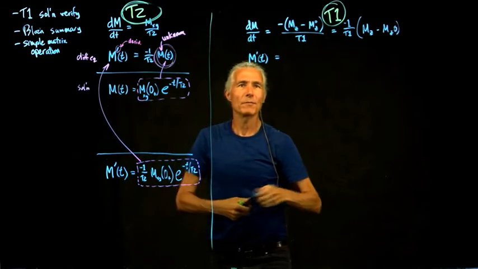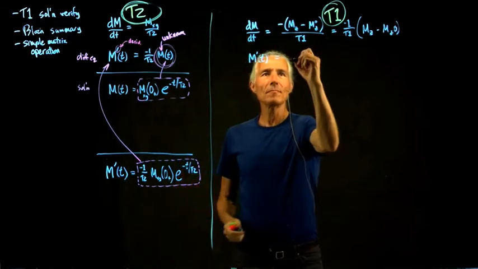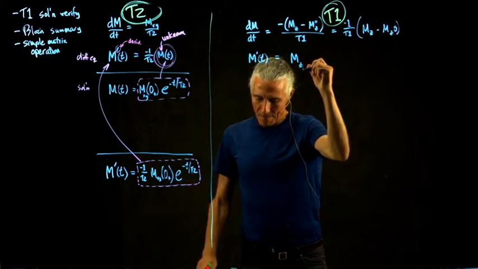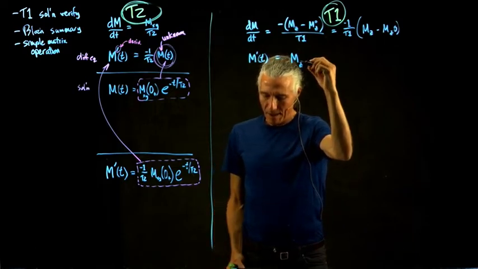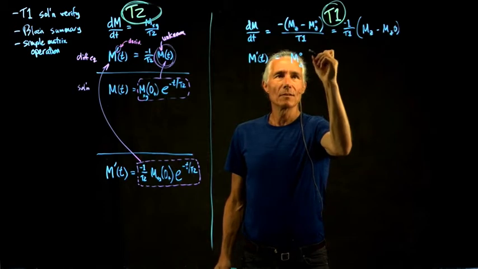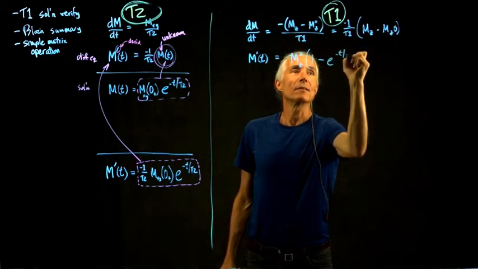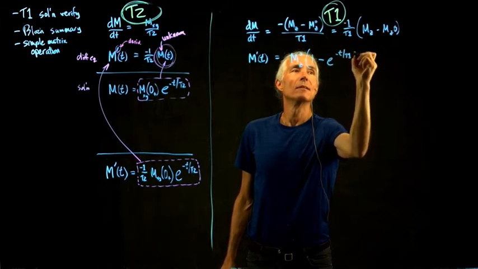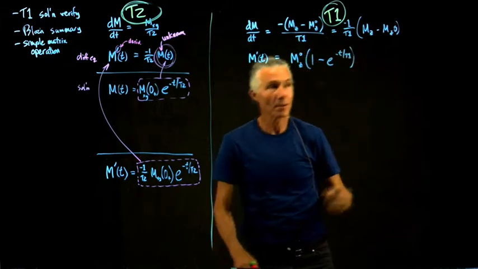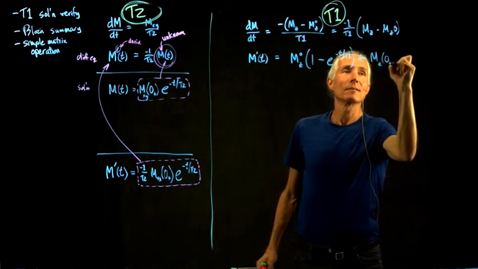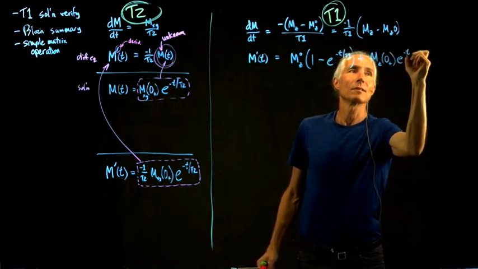Okay, so that derivative is equal to, this was our answer, it's mz0 times 1 minus e to the minus t over t1. And then we have that other thing, which was whatever the starting magnetization was in the z direction, also with that same decay term.